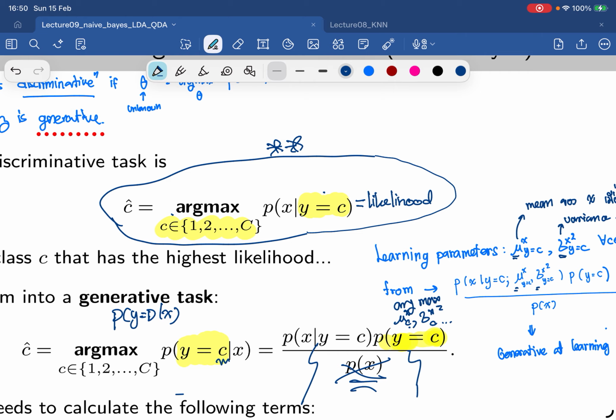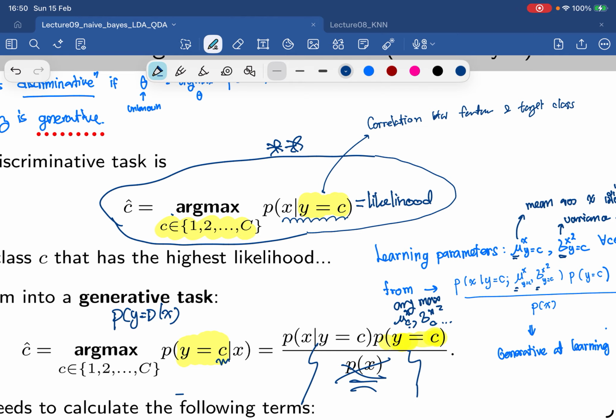That is, we consider the probability of x given y equal to c. If you remember when we talked about logistic regression and regression, we usually talked about seeing the covariance or maybe the correlation between the feature and the target class.